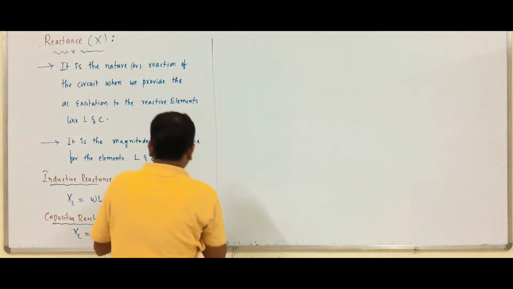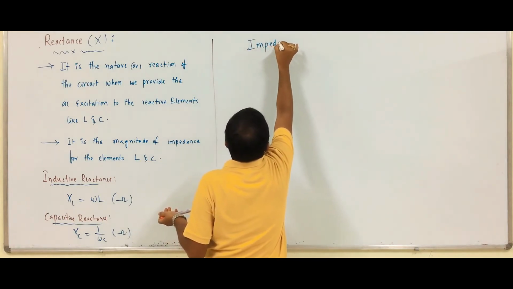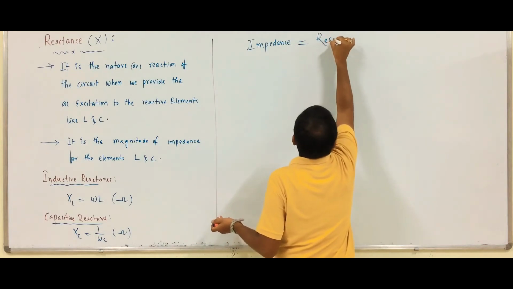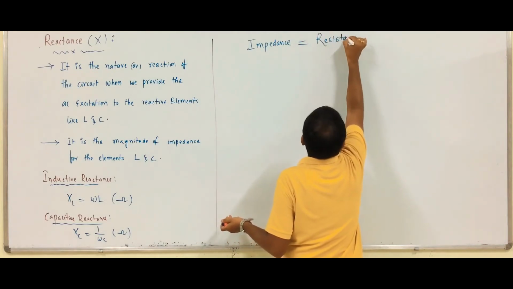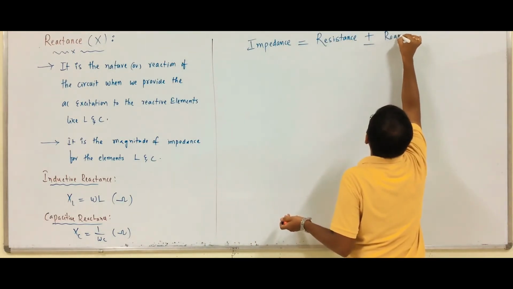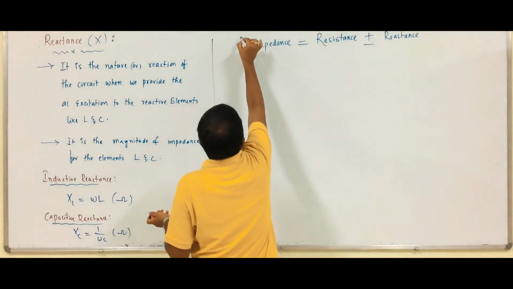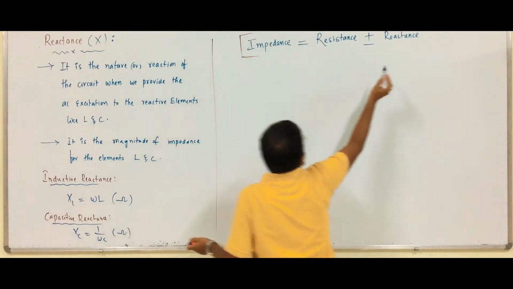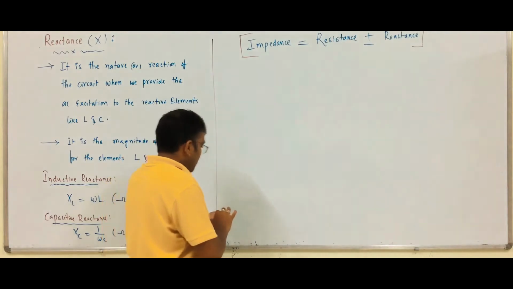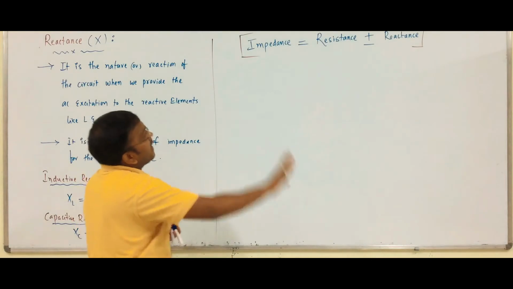Now, we have to get impedance, which is equal to resistance plus or minus reactance, right. So, impedance is nothing but a combination of resistance and reactance.